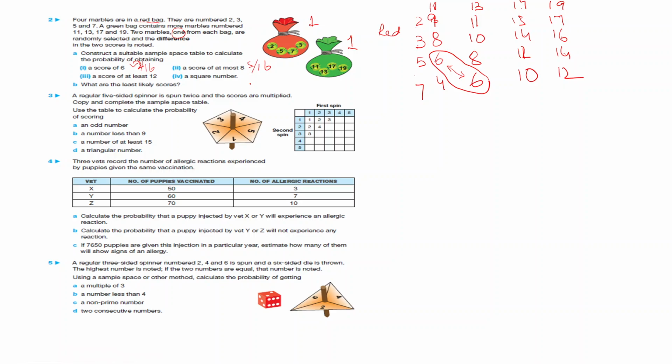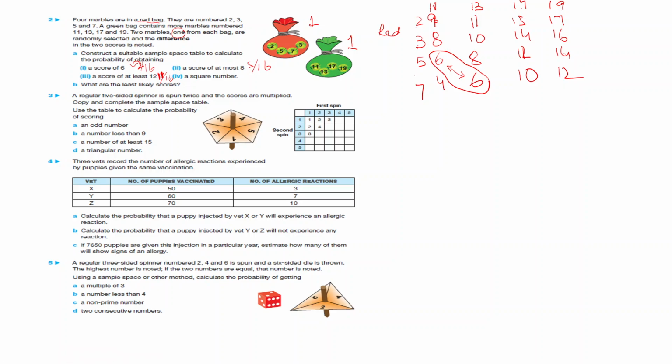So there are 14, they are at least 12. 14 over 16. 14 over, no, the numbers total are 16. So 16 minus 5 is 11. So 11 out of 16 are at least 12.